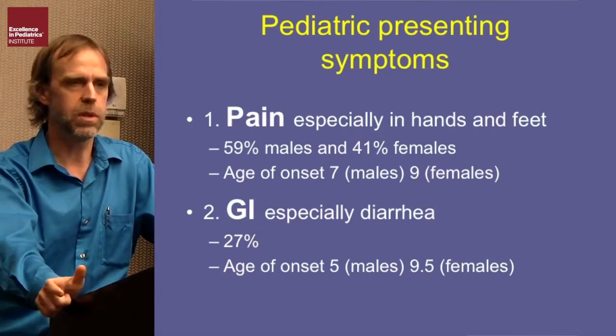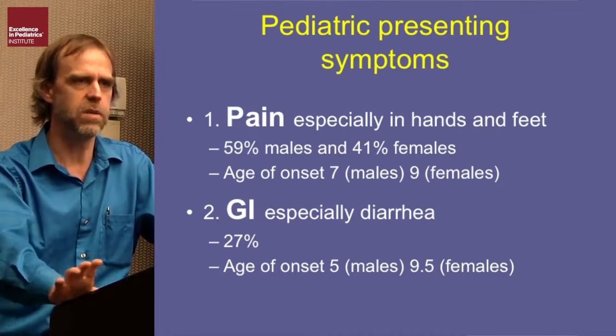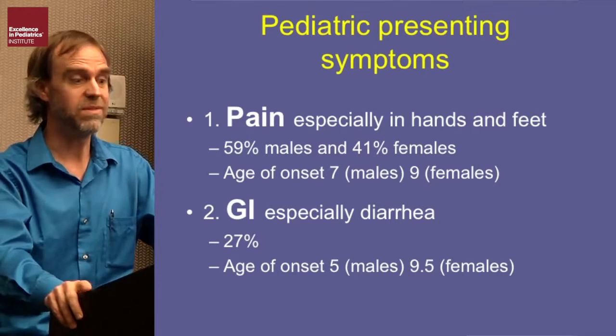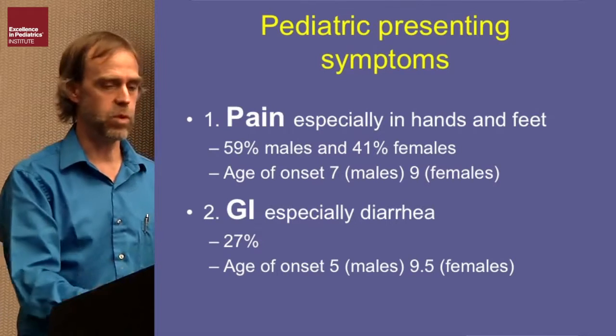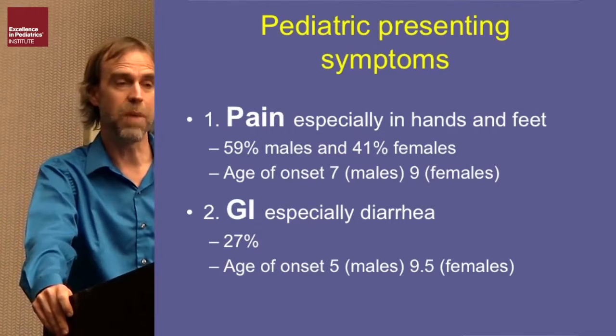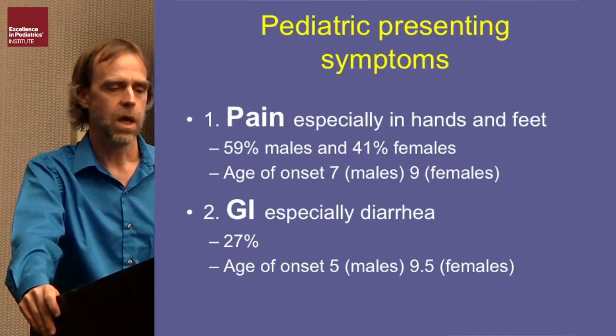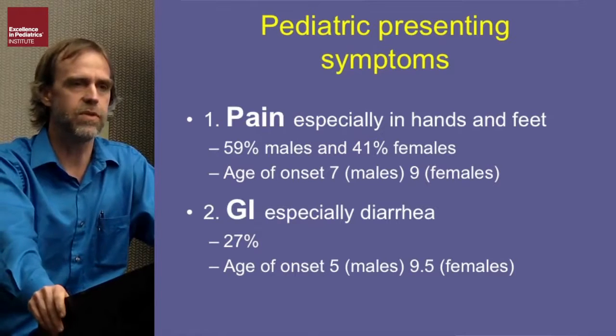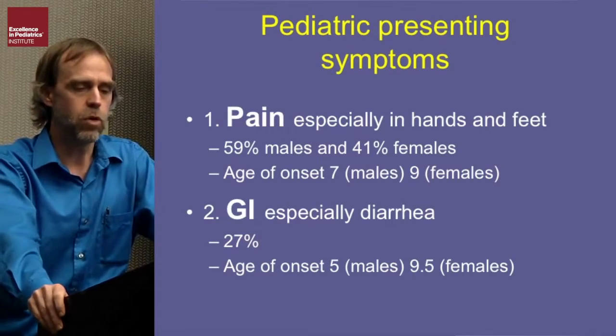The girls typically report pain severity between 4 and 7, although some of them will have more severe pain. The age of onset reported by the pediatric patients for boys was about 7 years of age, and the girls was about 9 years of age.